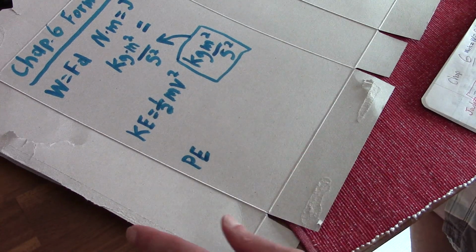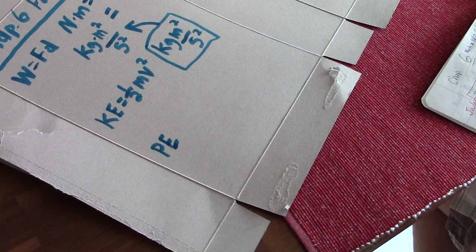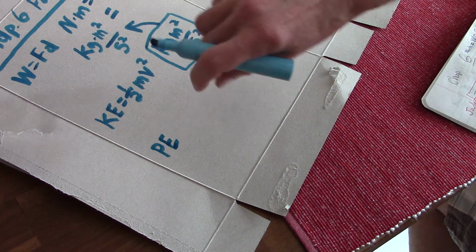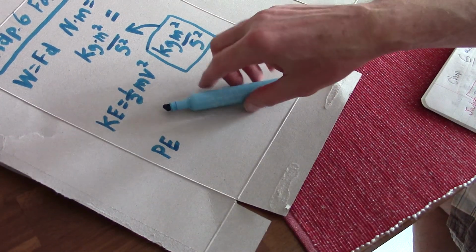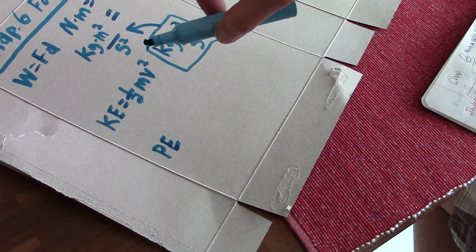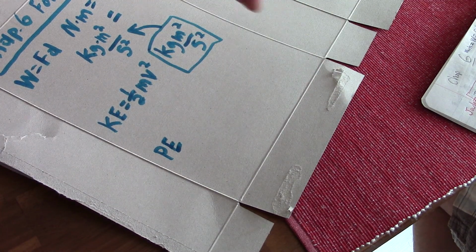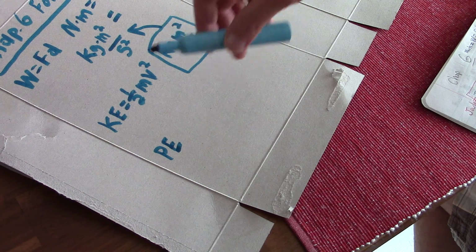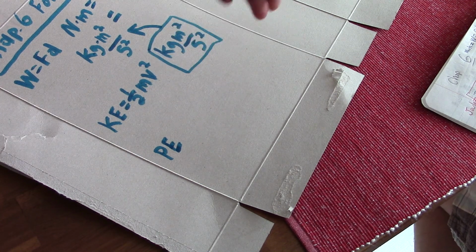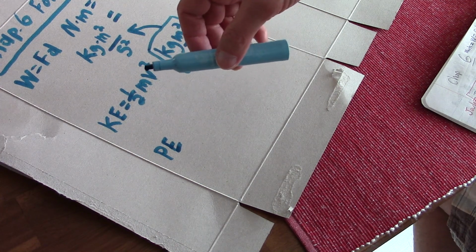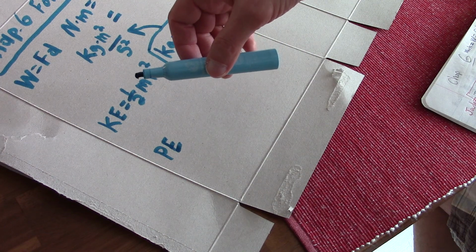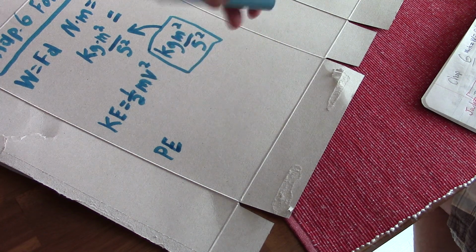So if I have a mass and I hold it up in the air, right? So if I have this marker and I pick it up, it now has potential energy. Because if I release it, the energy is going to go down and smack into the tabletop, right? So potential energy is mgh, mass times the acceleration due to gravity times the height, right?